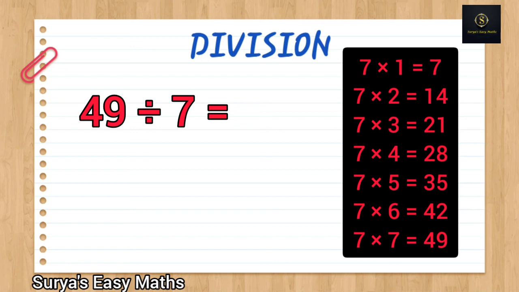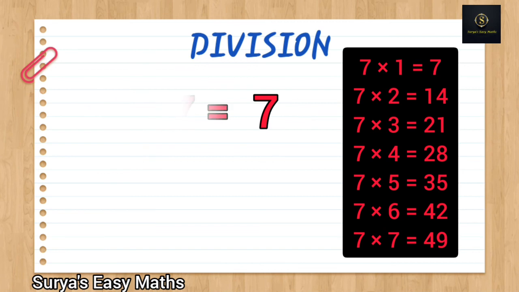So children, 49 comes in the table of 7 when? Yes, at 7 sevens are 49. Therefore, 49 divided by 7 is equal to 7. So here I write 7 as the quotient of 49 divided by 7.